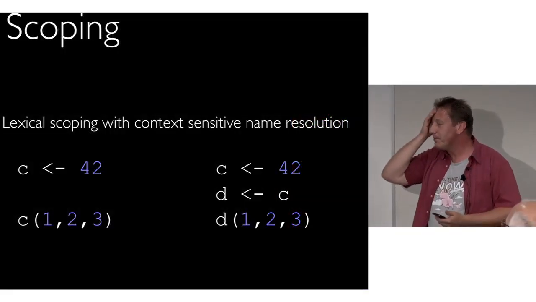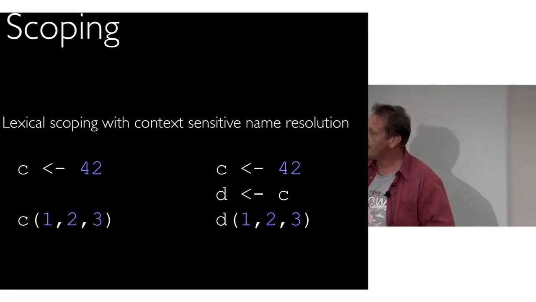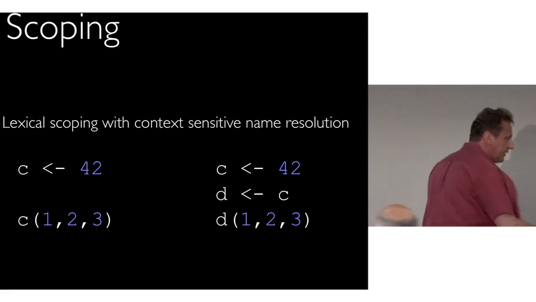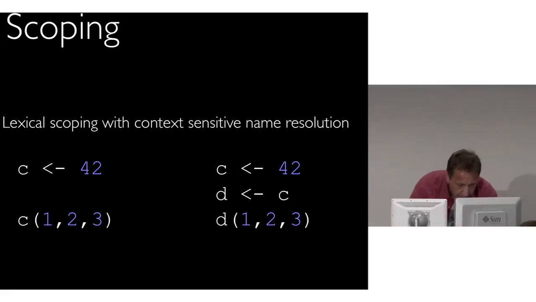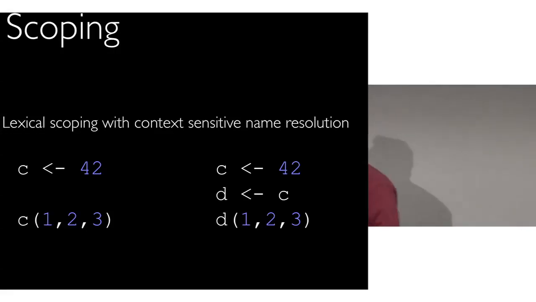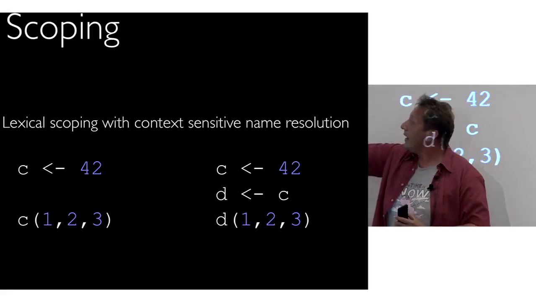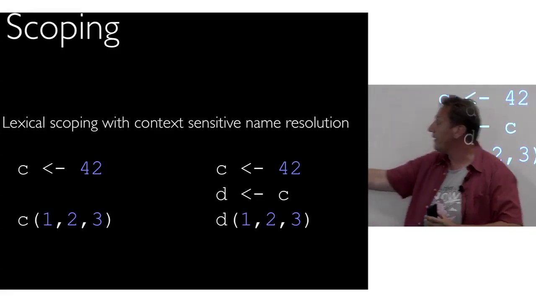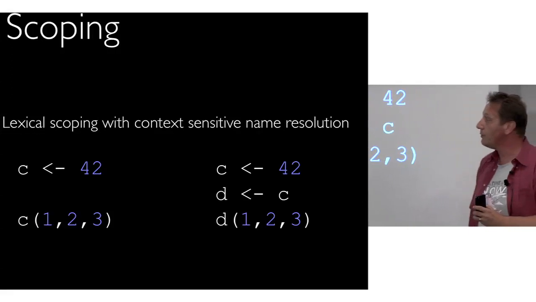Here's another funny bit. So I have two programs. Here, this one and that one, and maybe you can't see them in the back, so let me just move all of that higher up. Fine. So I have two programs. I assign 42 to C, and then I create a vector of 3 values.